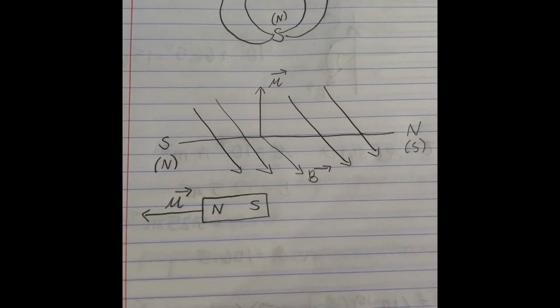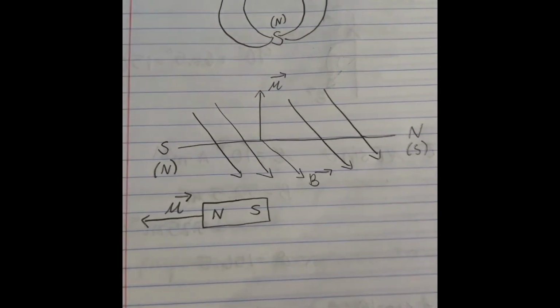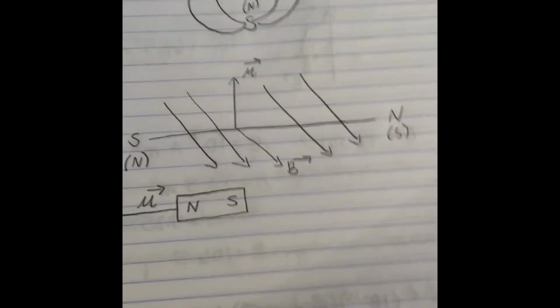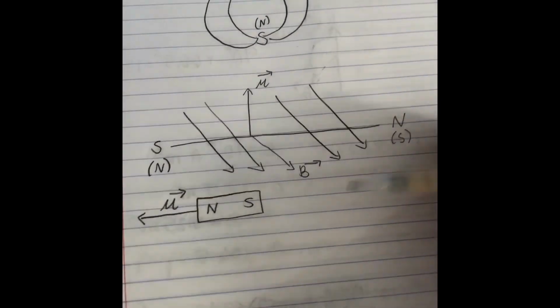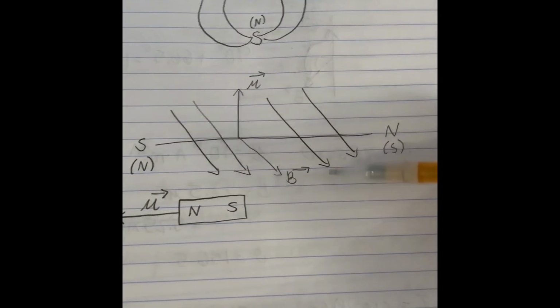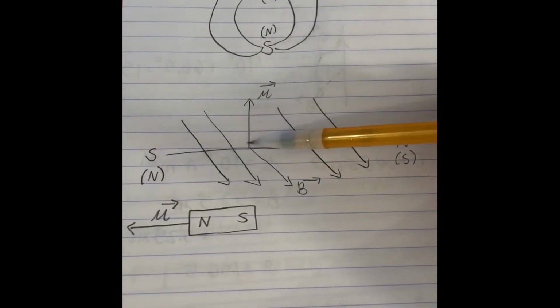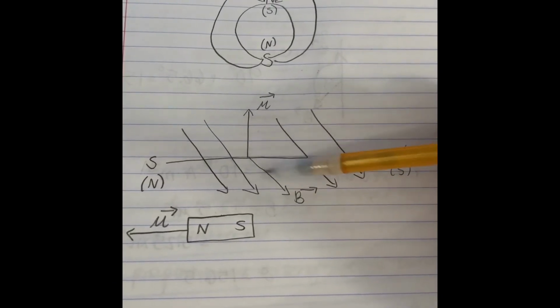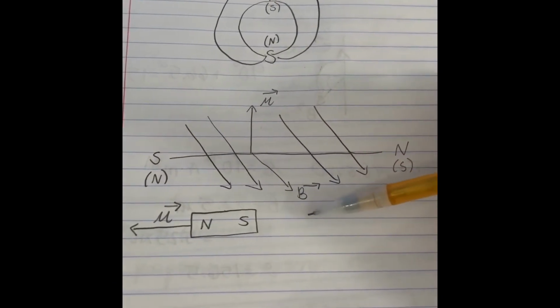So based off of the first diagram and the information from the problem, we can then come up with a diagram of how this bacteria looks before the torque has occurred. So we see that the magnetic dipole moment is pointing up, and the magnetic field is pointing down at an angle.